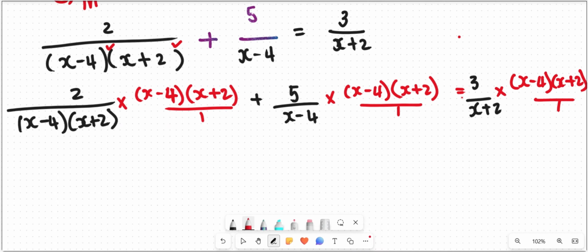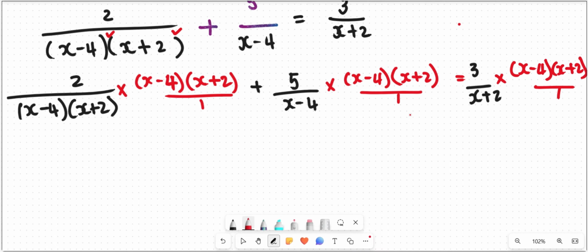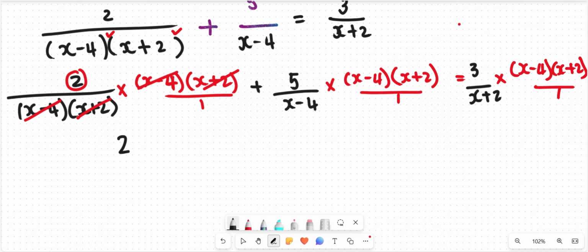Okay, then we're going to cancel. We're going to cross multiply. So how does that look? X minus 4 cancels with the x minus 4. X plus 2 cancels with the x plus 2, so you're left with just the 2 there. X minus 4 cancels with the x minus 4.